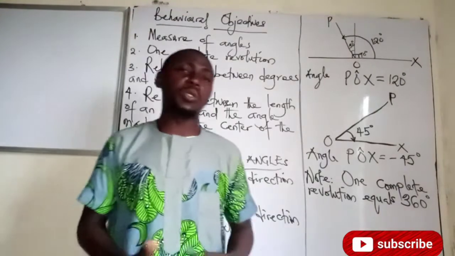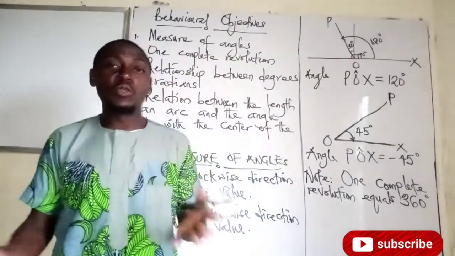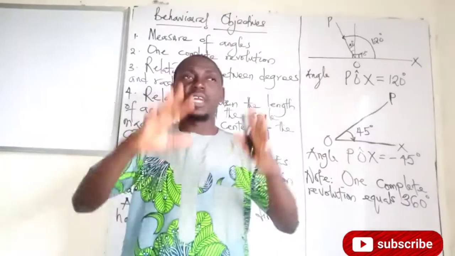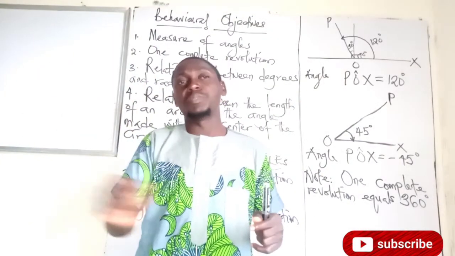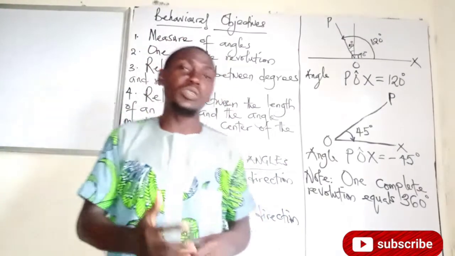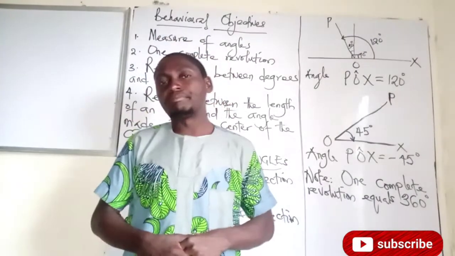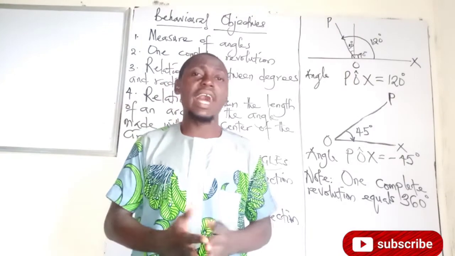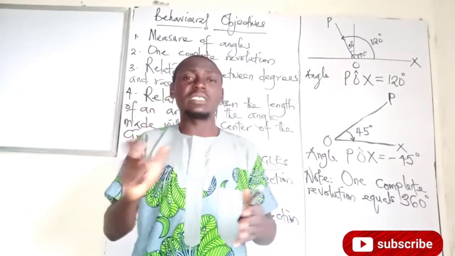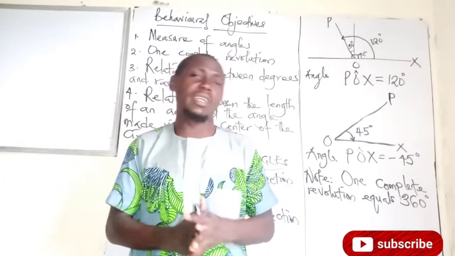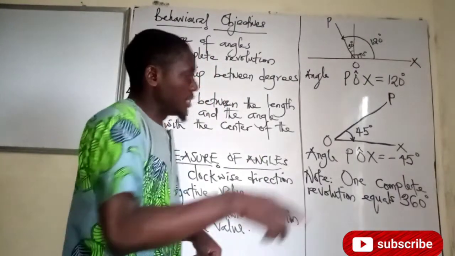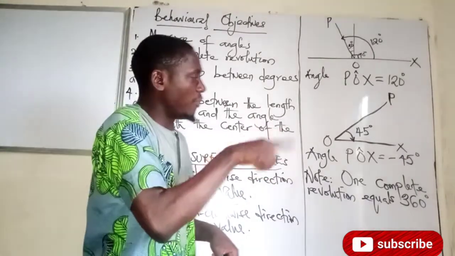Even in geography, we have the revolution of the earth, which is what brings about the year, the 12 months in which we count yearly. So 365 days. It takes the earth 365 and a quarter days to revolve around the sun. The same thing is applicable when we are talking about revolution.